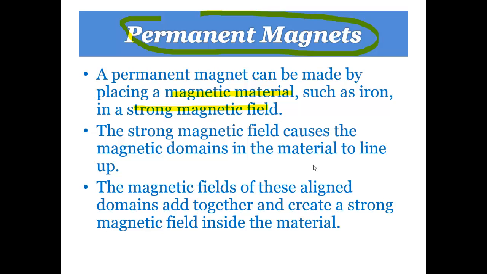The strong magnetic field then causes those magnetic domains, those little clusters, to line up. You want them to get organized, in a perfect row. And these perfect rows then give them magnetic properties. So that's how you make a permanent magnet. You make a disorganized situation organized. You clean up your room, basically.